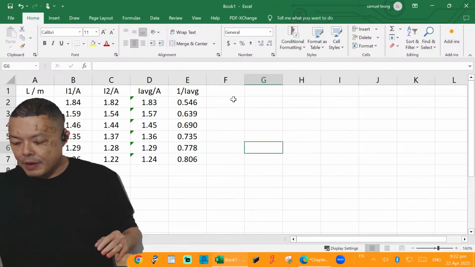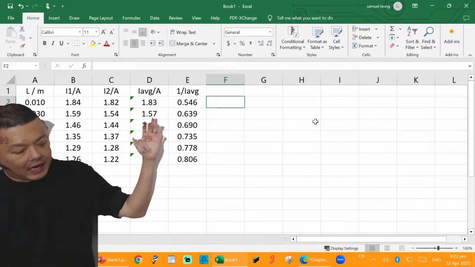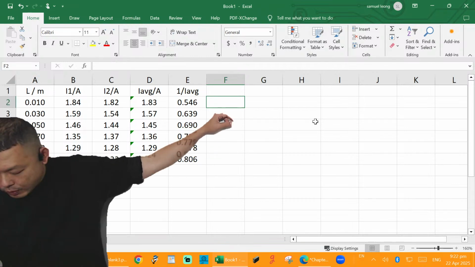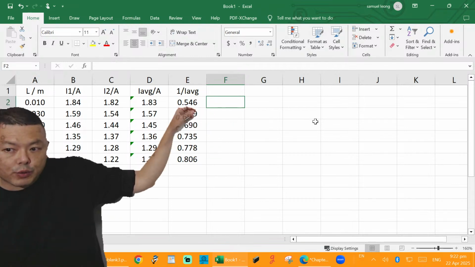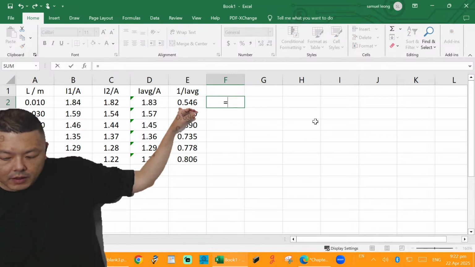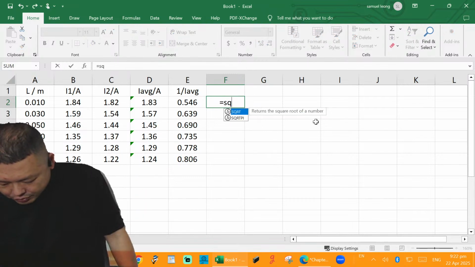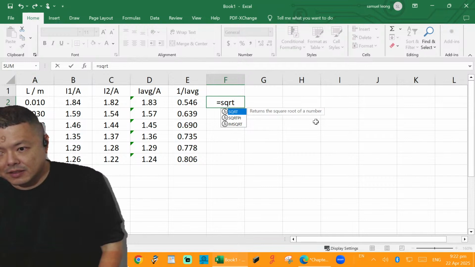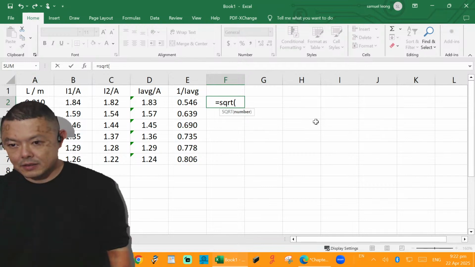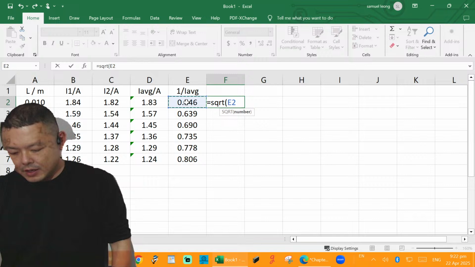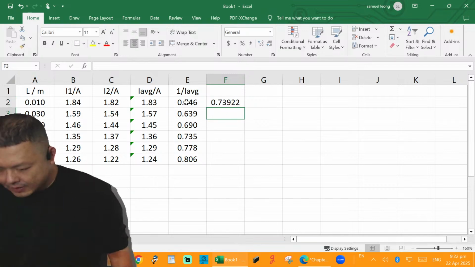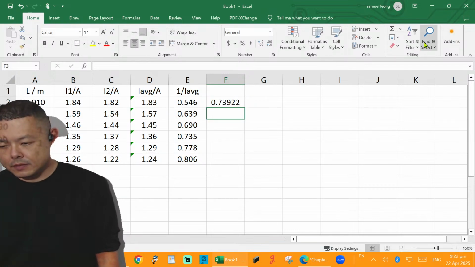Now before I go any further, just in case I didn't catch it: if you need to square root this number, you type equals SQRT, open bracket, click the number, close bracket, that's the square root of the number.